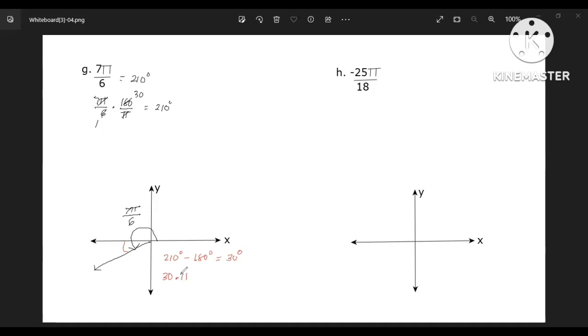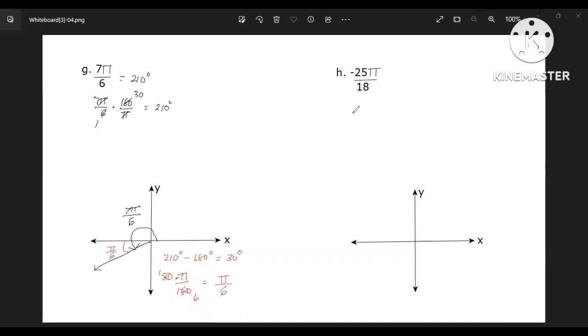Para consistent po tayo doon sa given, okay? And to convert 30 degrees, we multiply it by pi over 180 naman, no? Baliktad naman. So, we cancel 30 and 180, we get 6. So, 30 degrees is pi over 6 in radians. So, the reference angle of 7 pi over 6 is pi over 6.